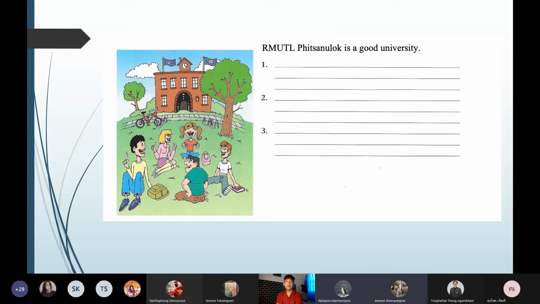Because the RMUTL University is far away from the town, it has a clean environment and low pollution. Okay, can you give me an example that supports clean environment?